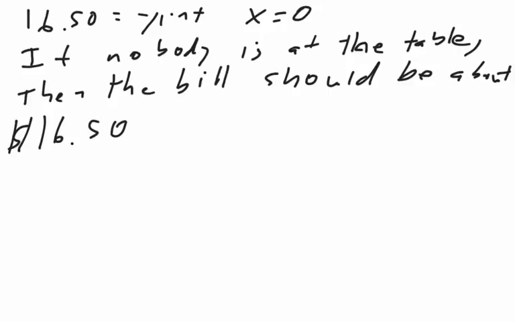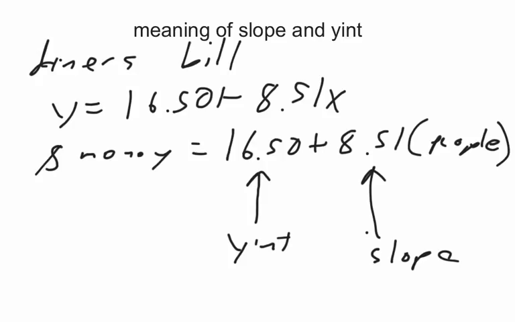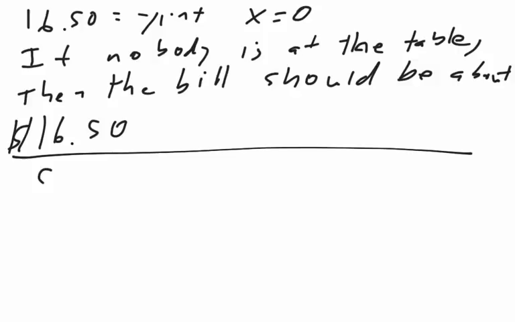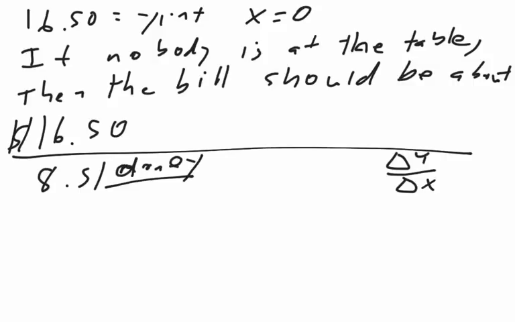More importantly, though, if we look back, the slope was 8.51. So 8.51 equals the slope, and normally the slope is the change in y over the change in x. So what does it mean for this particular one? The change in y is the money, or dollars, I should say, per person.